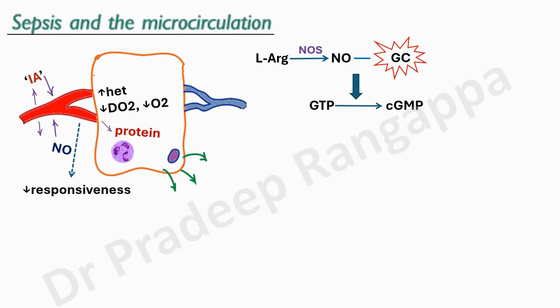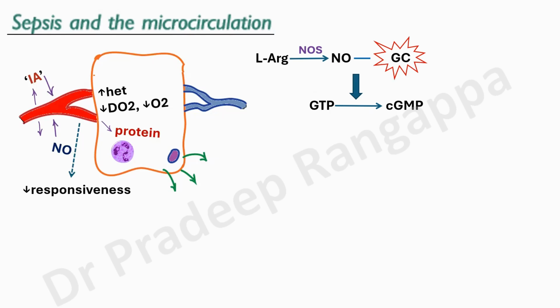This activation of guanylate cyclase converts guanylate triphosphate to cyclic guanylate monophosphate. I'm sure all these chemical pathways you would know. Why this is important is this is the pathway needed for relaxation of the smooth muscles in the blood vessels, which leads to hypotension.